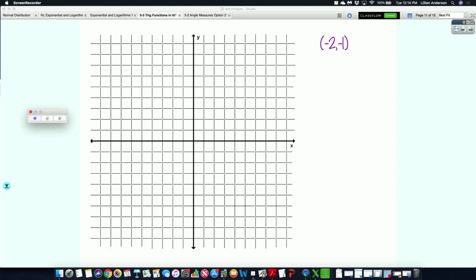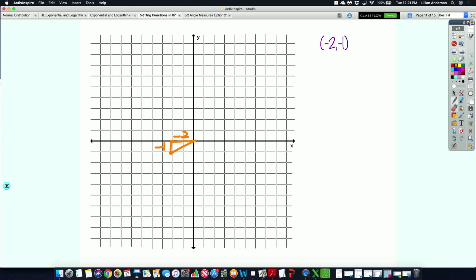Find my 6 trig functions. What quadrant is (-2, -1) in? 3. So I go -2 and then -1. So then my angle is very tiny inside of this triangle and is located here.